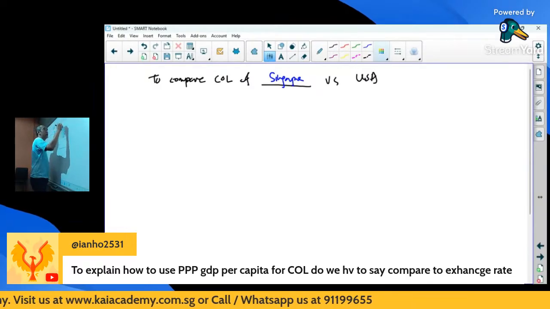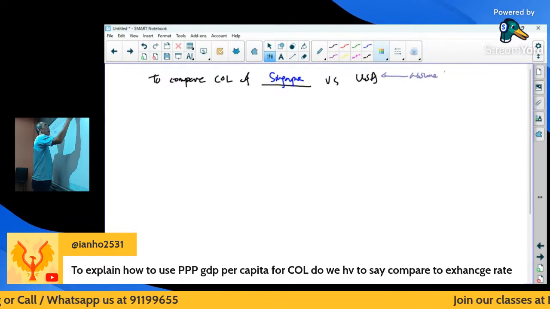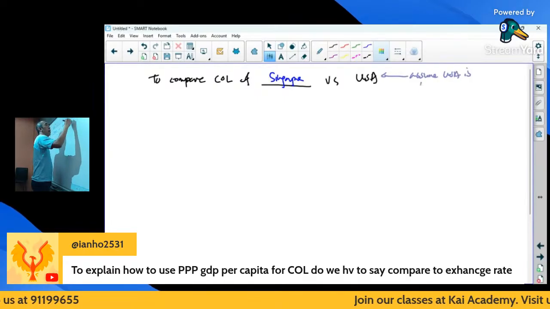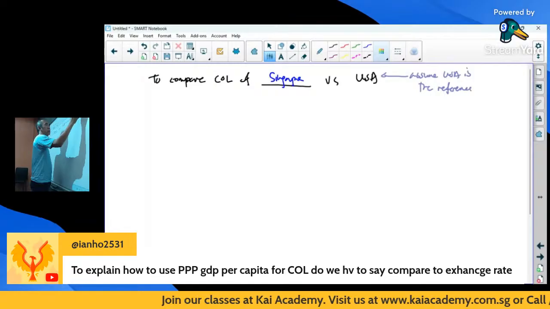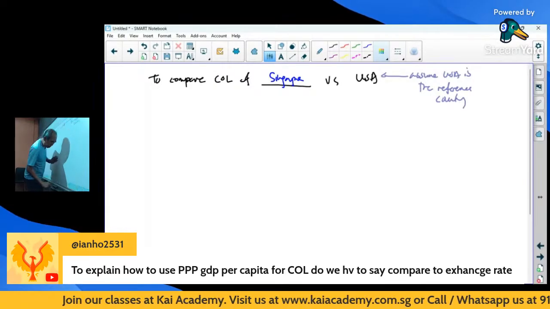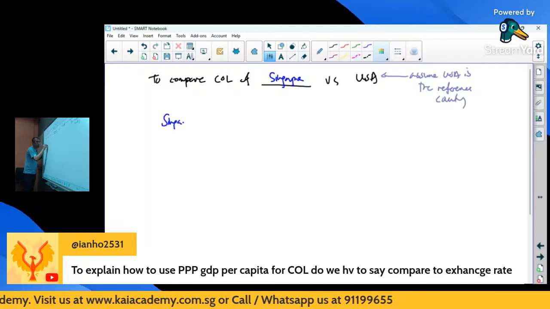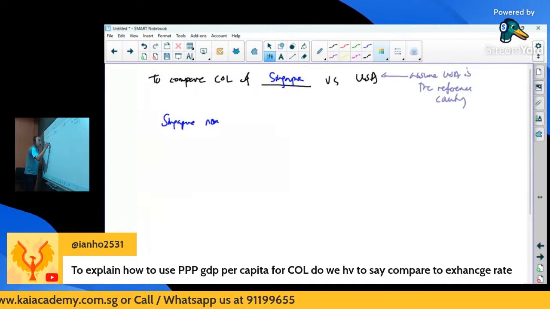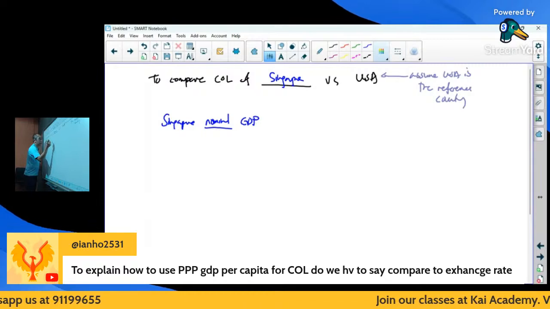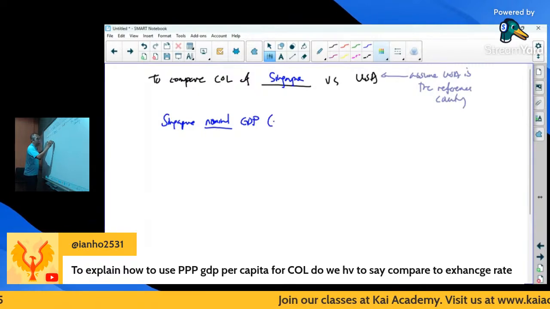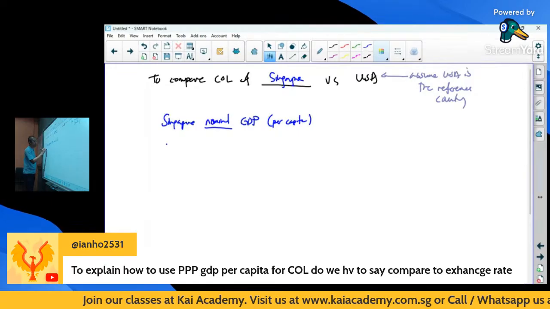Now let's assume USA is the reference country. Then the only two pieces of information I will need is Singapore's nominal GDP, or GDP per capita, up to you. So with or without per capita not important. You can use per capita, you can use without per capita, depending on what information is given.